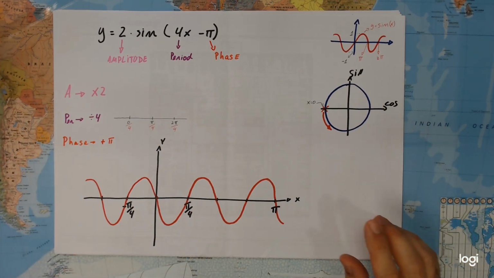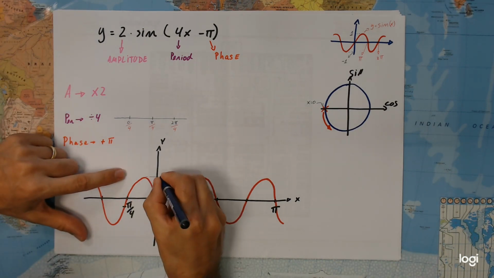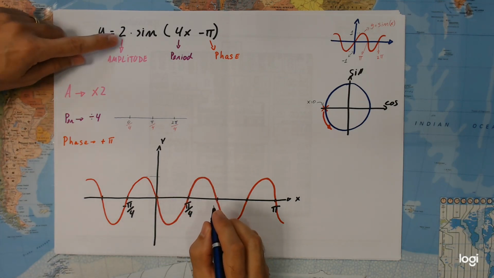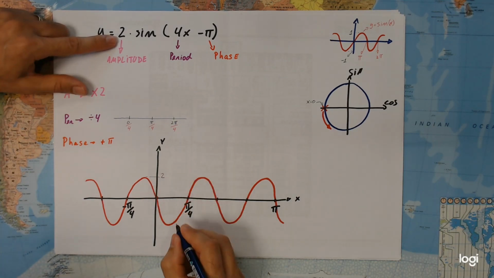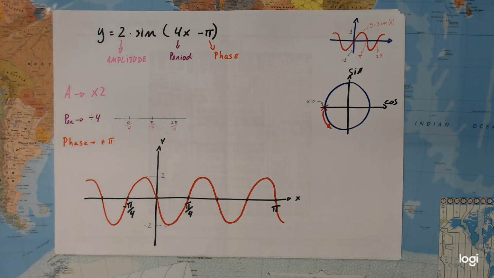Of course we have to put the amplitude in here. This is 2, right? This is a +2, this is a -2. Okay, and that's it. There is nothing else that we can do, and the exercise is solved.